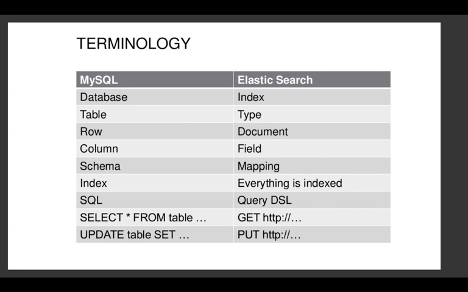We have table on RDBMS, and type on Elasticsearch. Only the names are changed. We have row here, and on Elasticsearch documents. The column is called field on Elasticsearch. The schema which we define on RDBMS is called mapping on Elasticsearch. And the queries which we do here in SQL, we have query DSL on Elasticsearch.